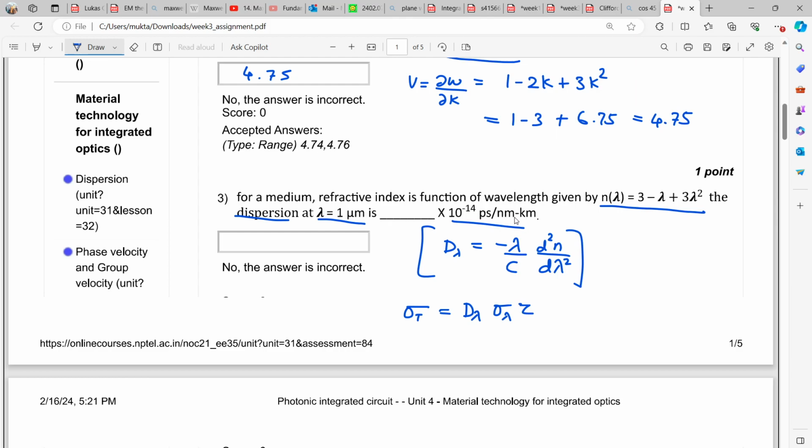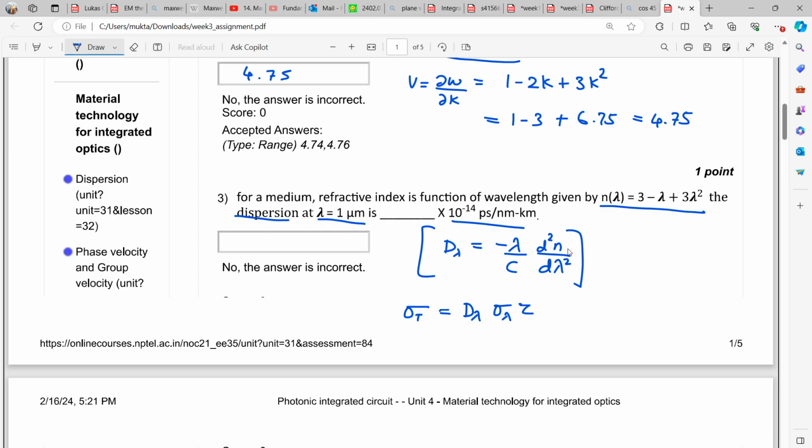That's why we have this nanometer kilometer. So for a given spectral width in nanometers and for a given length of fiber, say z, the pulse will be broadened by so much amount. So that is the idea of this coefficient D lambda, and the equation is given like this.